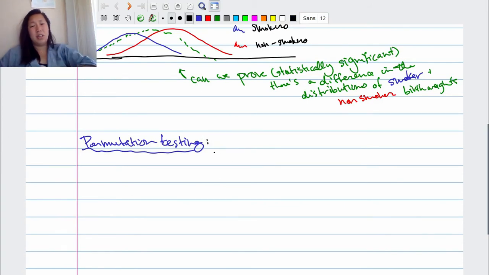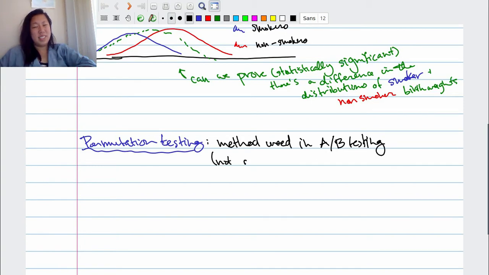The analogy I would draw is closer to the bootstrap for confidence intervals, a method used in A/B testing. It's not really a test in and of itself. It's used in conjunction with A/B testing, so not a standalone test.